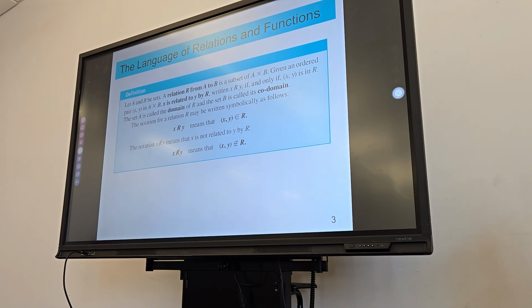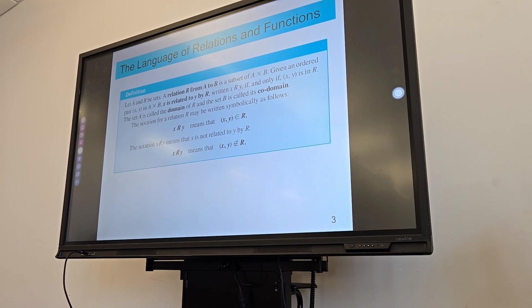Okay. Let A and B be sets. A relation R, which, they use an italicized capital R as opposed to an unitalicized capital R, which is real numbers. So an italicized R means a relation.